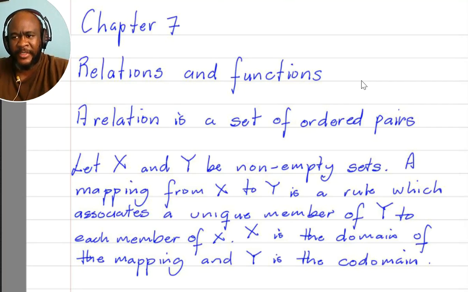You have two sets and there's a connection between elements in the two sets. That connection, or the rule that assigns a unique member of Y, which is the codomain, to every element in X, which is the domain, that rule is called a mapping. All right.